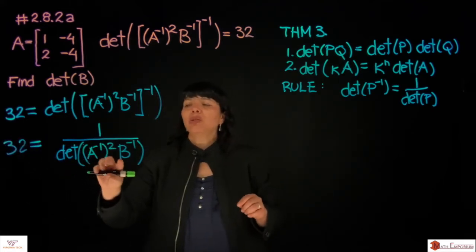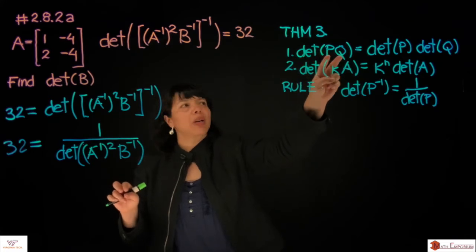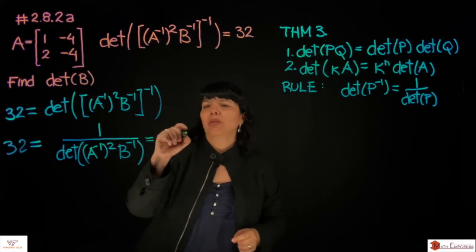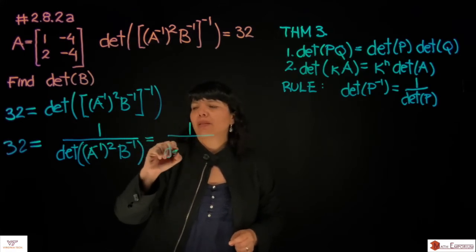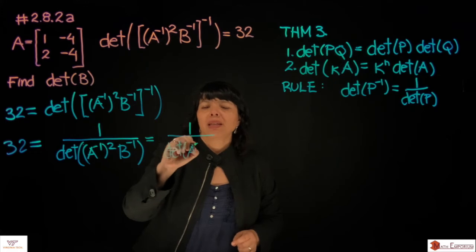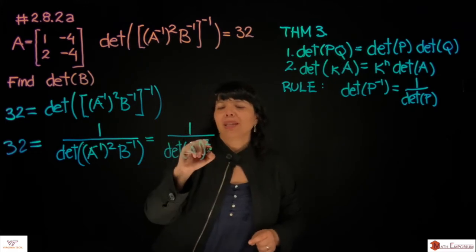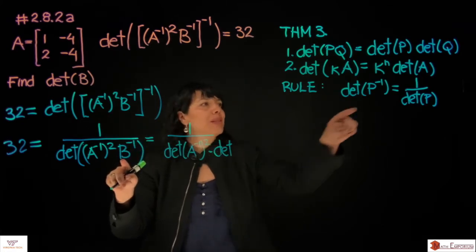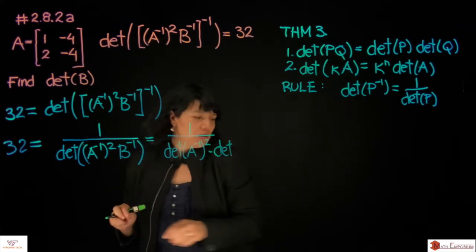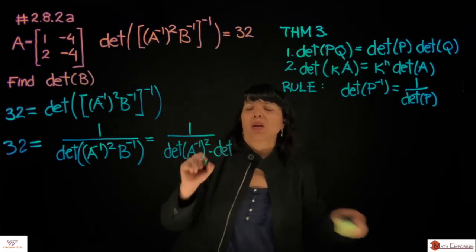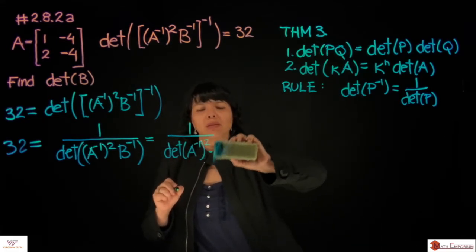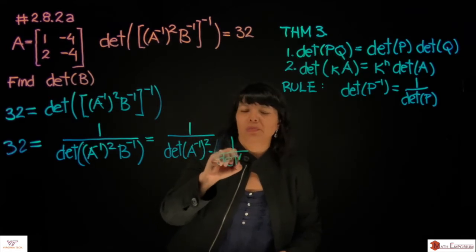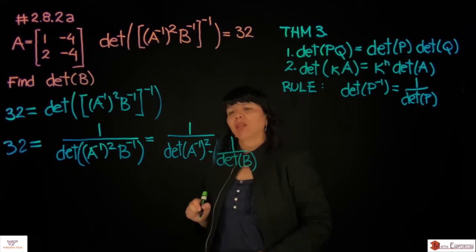And now I'm using the property that the determinant of a product equals the product of the determinants. So this can be decomposed into 1 over the determinant of A inverse squared times the determinant of B inverse, but the determinant of B inverse is just 1 over the determinant of B. Okay?